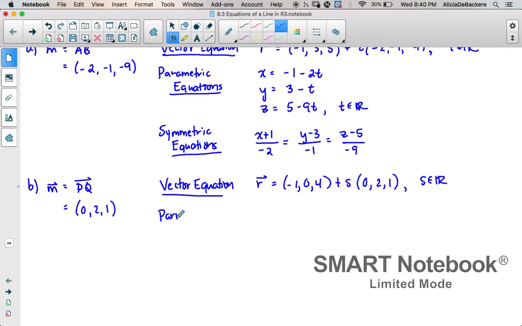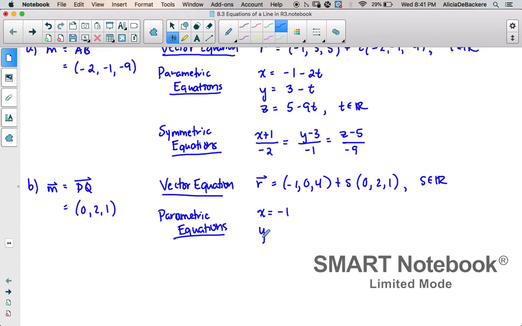Next up, we're going to do the parametric equations. And again, I'm just separating out the x, y, and z coordinates as I go through here. So x is equal to, taking the x coordinate -1, and then I'm going to have 0 times s. So x is just equal to -1.